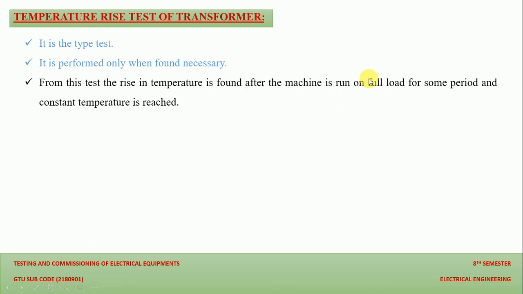So from this test, the rise in temperature is found after the machine is run on full load for some period and a constant temperature is reached. That is what we perform in this test.